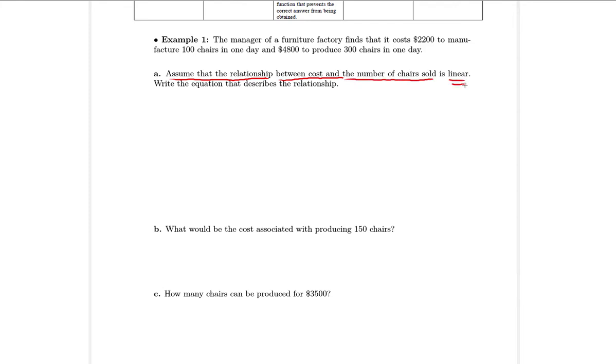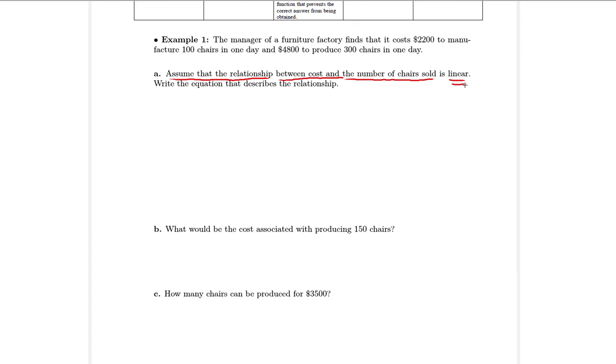So they're giving us permission to assume that a line can accurately describe this relationship. And in a case like this, when we're talking about how much money it costs to produce a certain number of items, that's very reasonable, right? Because you can usually break it down to, okay, how much would it cost me to make one chair?